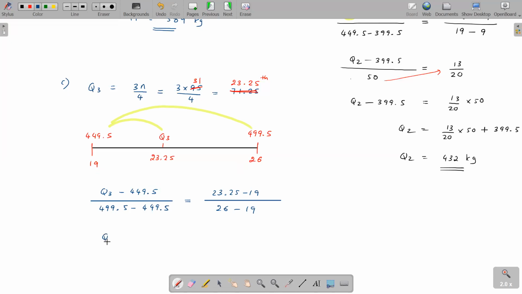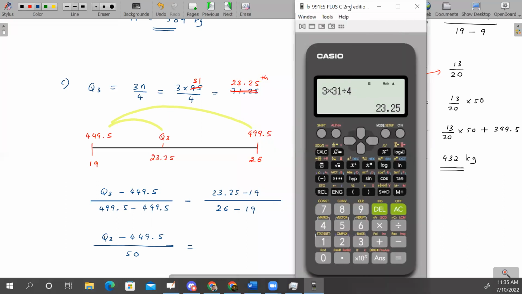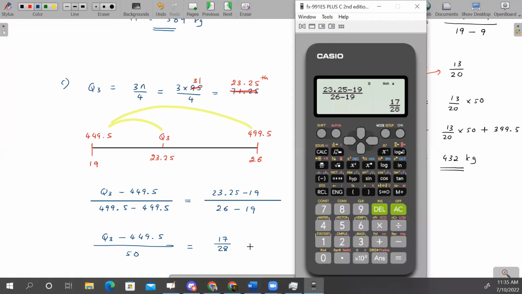So Q3 minus 449.5 over, this is a 50, right? On the other side, what do we get? 23.25 minus 19 over 26 minus 19, and I get the ratio 17 over 28. And then let's input the values.